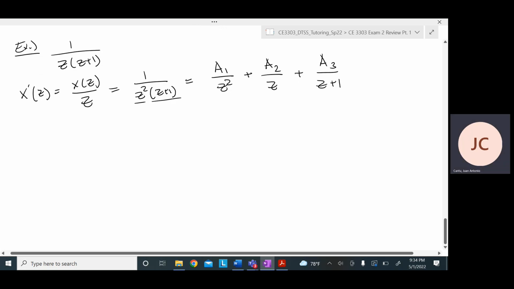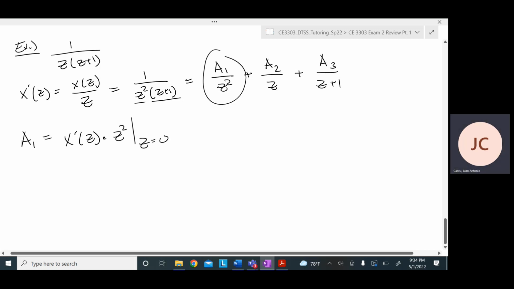So the way we do this is almost the same thing, just a little bit different. To solve a1, it's the exact same thing we did before. a1 is equal to x prime of z times z squared, evaluated at our pole. Pole's still going to be 0.